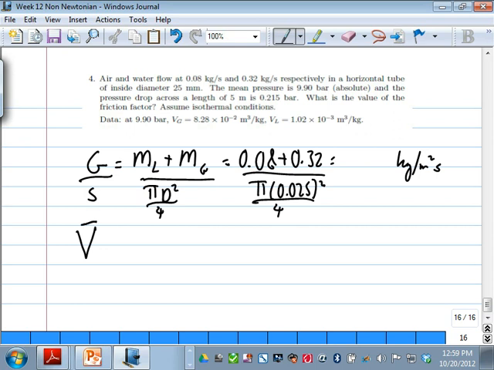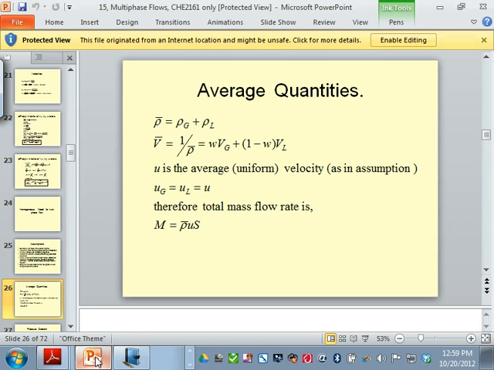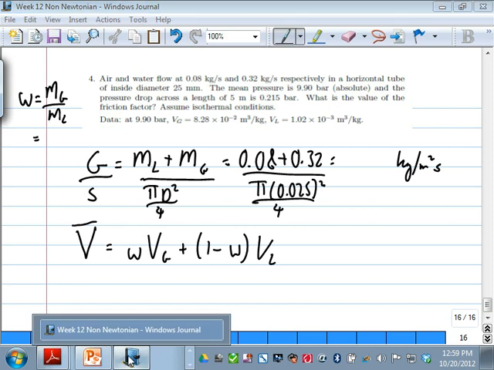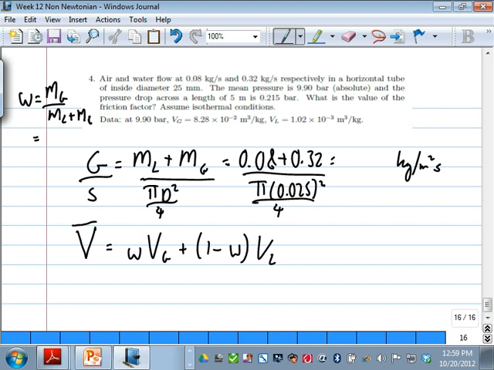V bar is equal to... what is W? MG over ML? Is that correct? ML over MG? Oh, divided by ML plus MG, the total. Is that right? Okay.